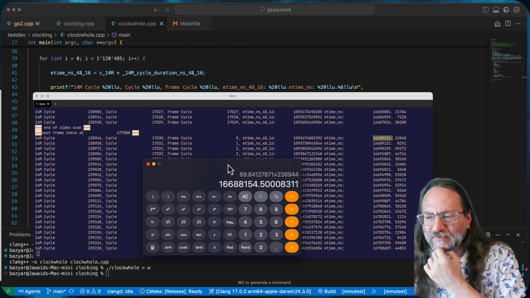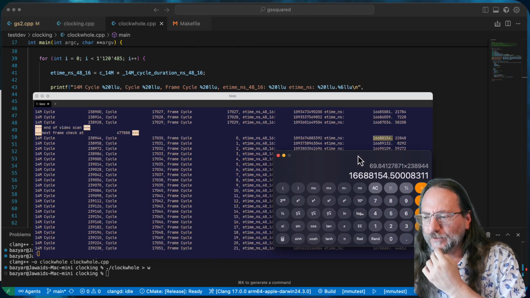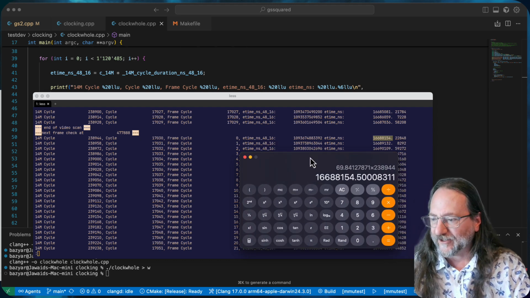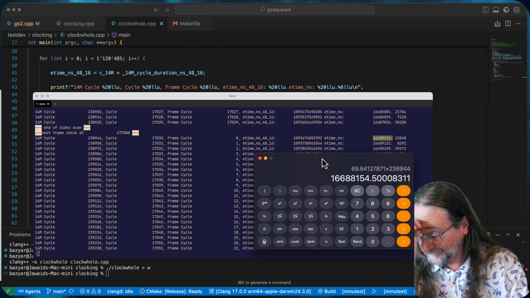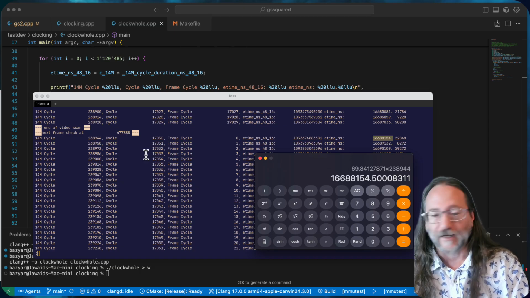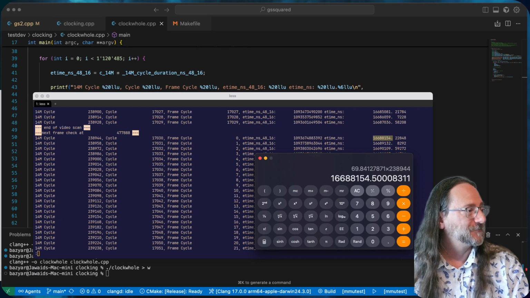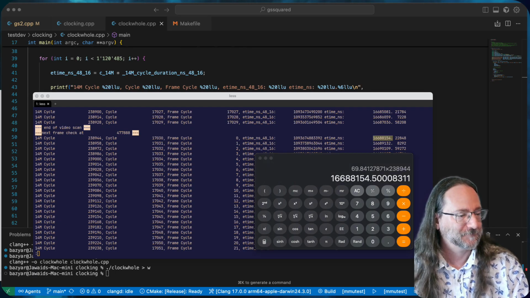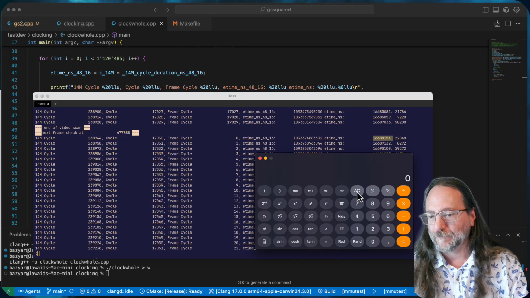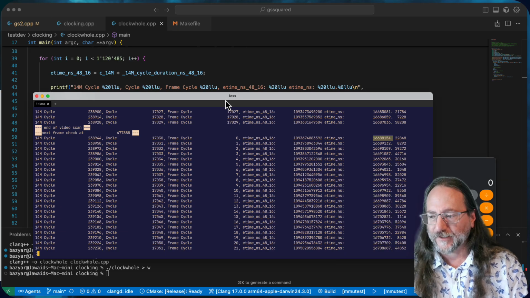Alrighty. Just out of curiosity, I wish I had a second calculator on this Mac. I can regenerate that if I need to, or I can copy it. Let me copy it somewhere. So let's clear that. 17,030.